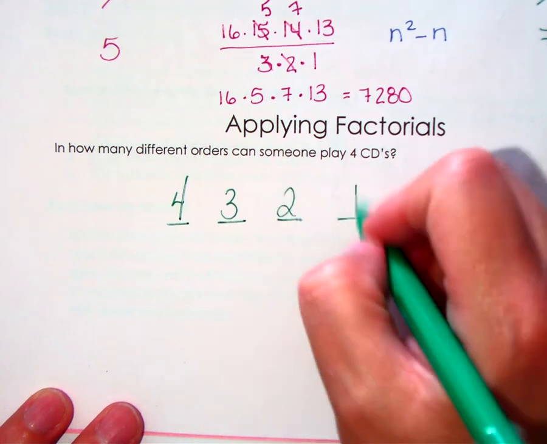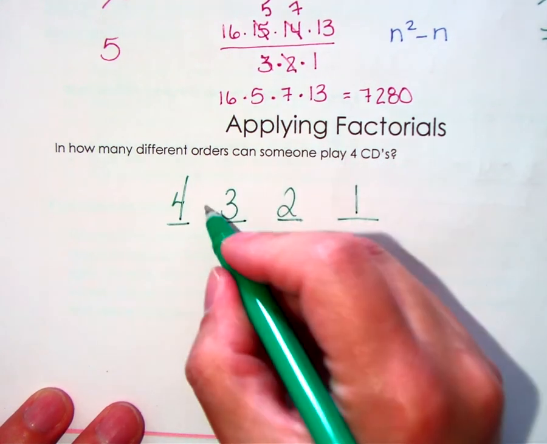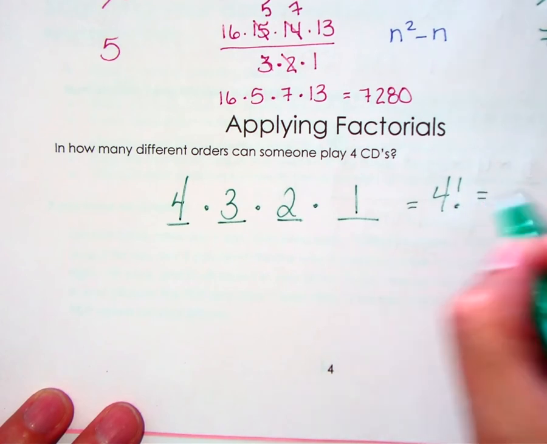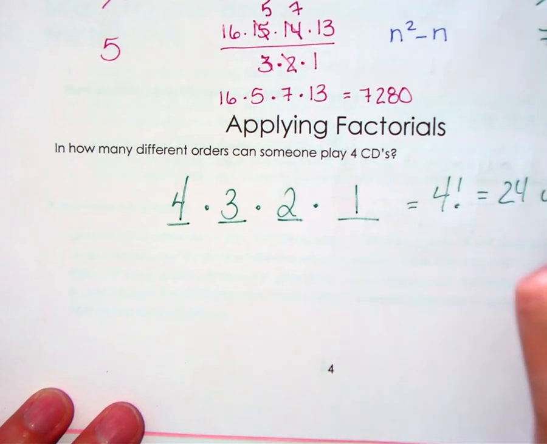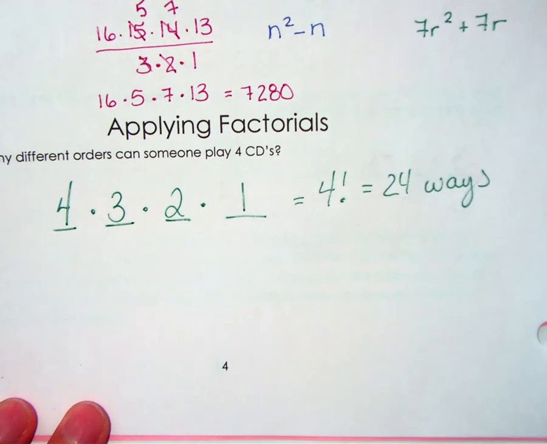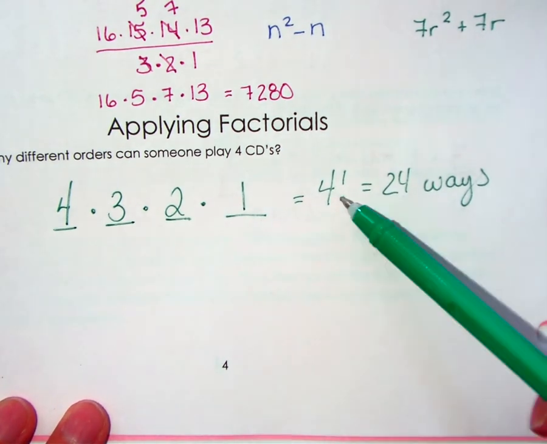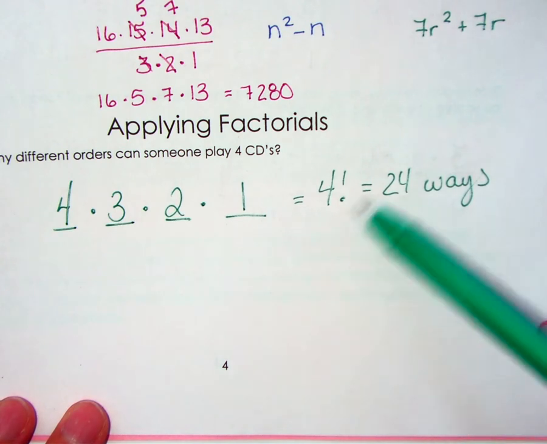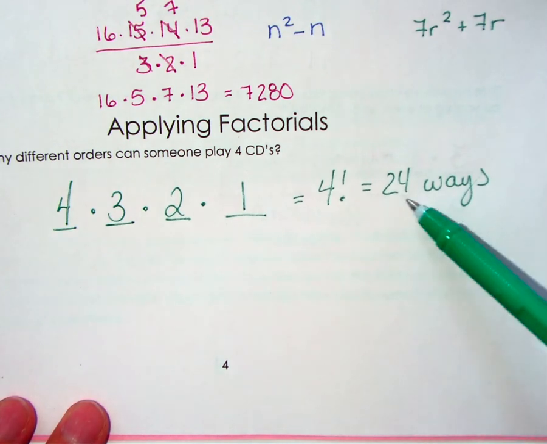Then you have 2, and then you have 1, which, if we're multiplying them together, that's 4 factorial, which is 24 ways. You're going to get really good at knowing some of the smaller factorials. And if you know what 4 factorial is, do you know what 5 factorial is? It's just 5 times this, right? I don't know. Just think about it.